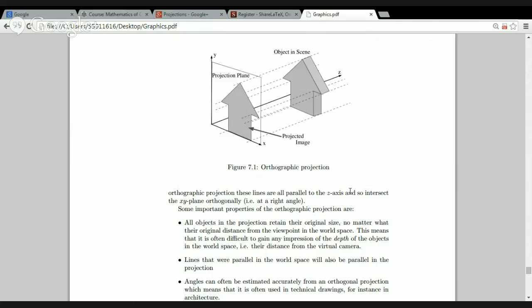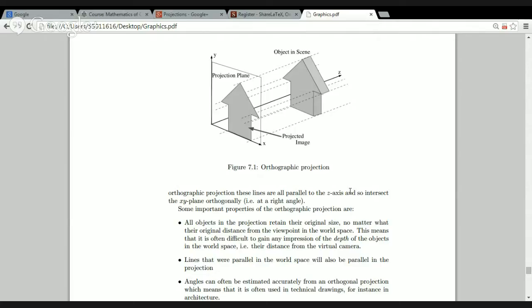Now one important property of orthographic projection is that all objects retain their original size in a way, okay? No matter what their distance from the viewpoint. So this arrow or this kind of house type object here is rendered as a certain size in the projection. Of course, now it's presented parallel to the XY plane, so you see it in the same size, if you like.